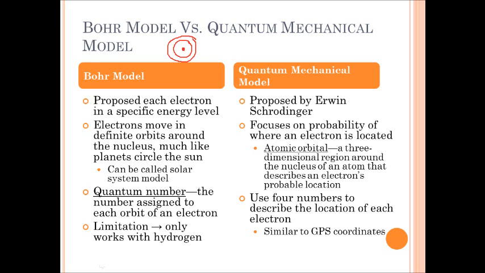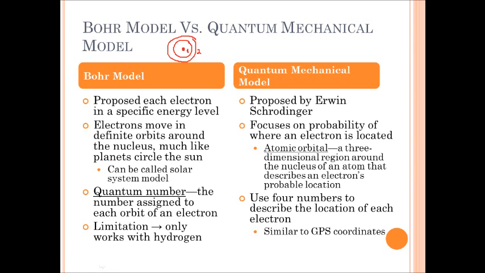It's also called the solar system model for a reason. And that these different rings were going to have certain energy levels. And he called it a quantum number that was assigned to these different energy levels. Well, the problem is that this was great and dandy, but it only worked with hydrogen.